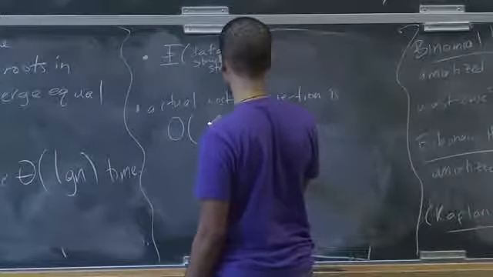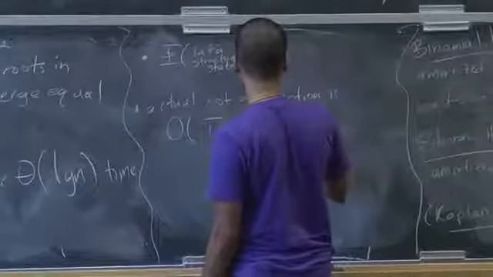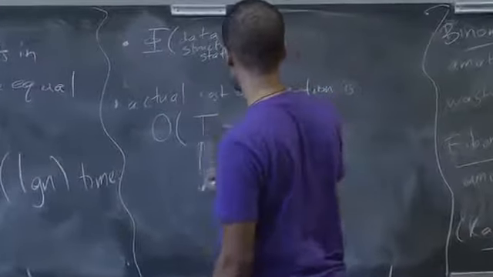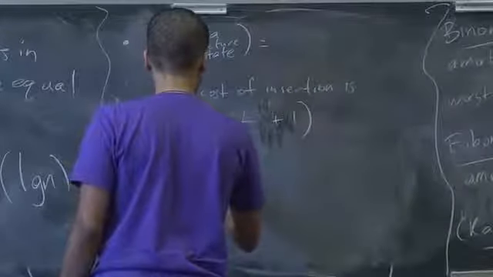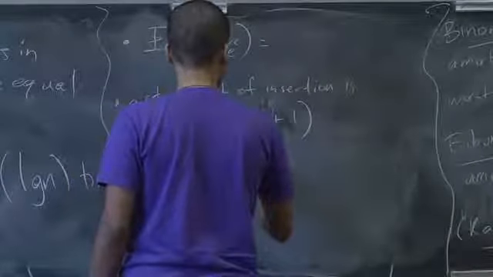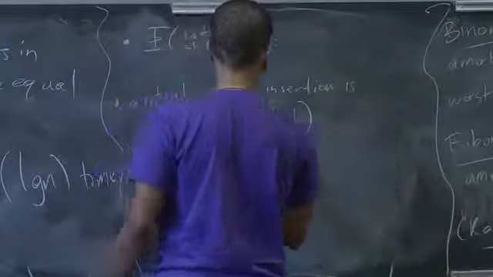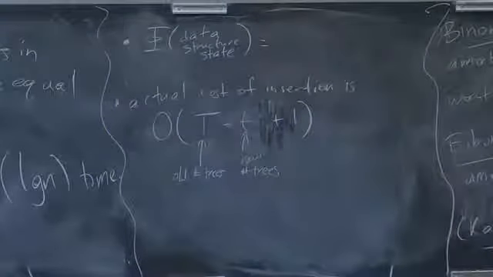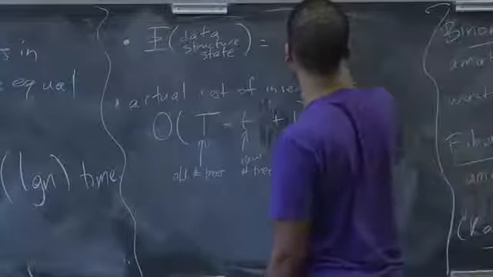Let's say t minus t prime plus 1, where t is the old number of trees and t prime is the new number of trees. So I'm going to define the potential of the state of the data structure to just be the number of trees.